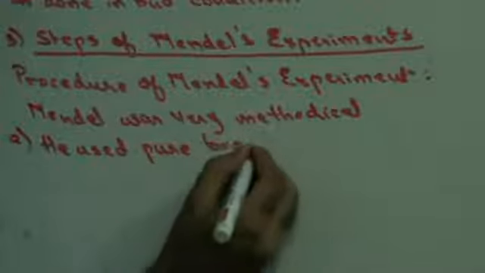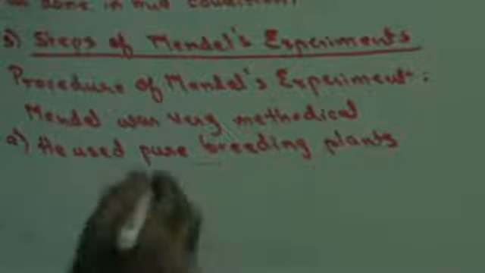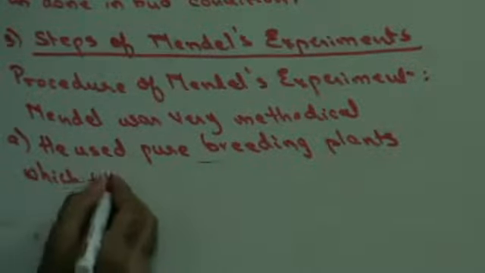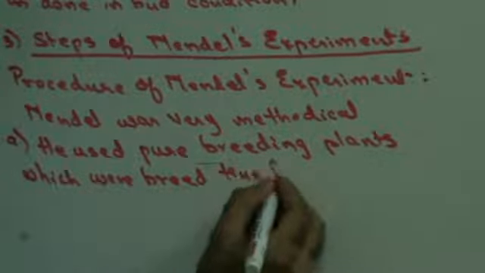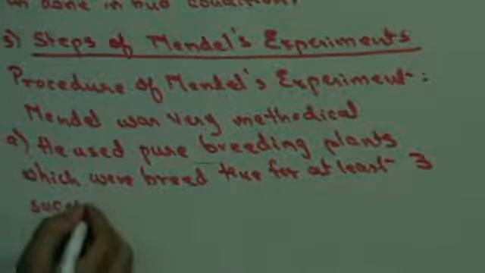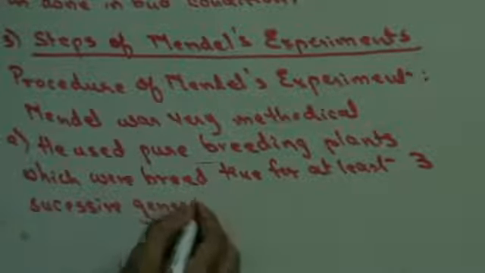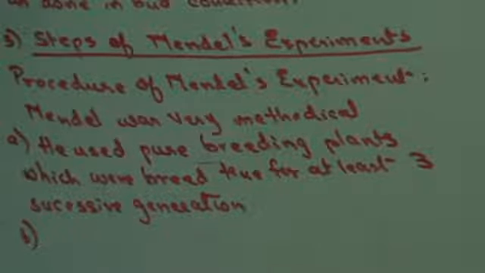Also, he wanted to make sure that there is no mistake, so he used pure breeding plants which were bred true for at least 3 successive generations.